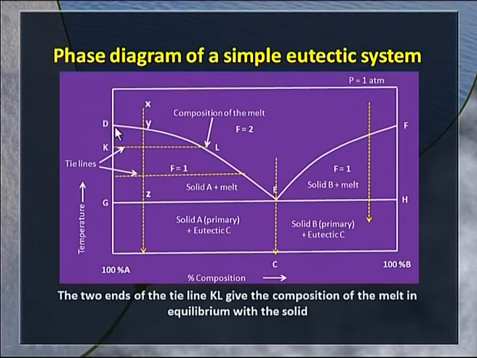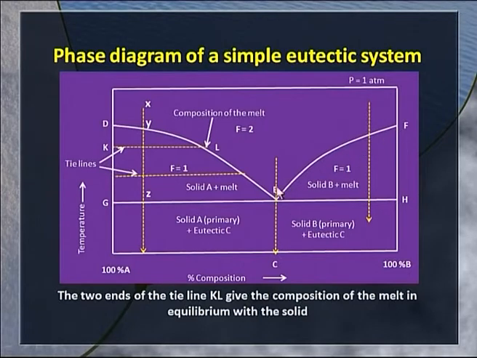One, the solid which starts crystallizing out as you cool it from here to here, and the melt whose composition starts drifting here. So, along line GH, the curve FE intersects it.